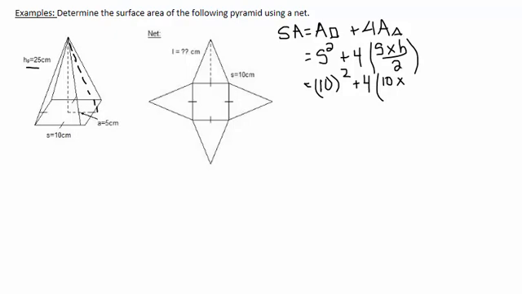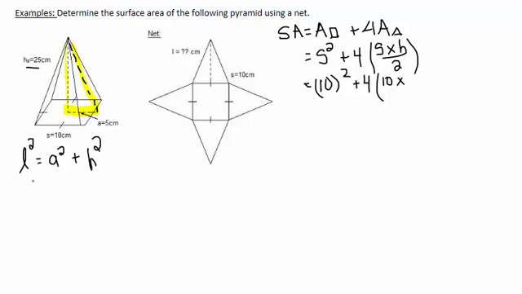To figure out the slant height, if you notice, these form a right angle triangle. So we can use our Pythagorean Theorem to find out the height of the triangular face, or the slant height. Slant height is going to be denoted as L, and L squared is equal to this value squared, A squared, plus this value squared, which is height.